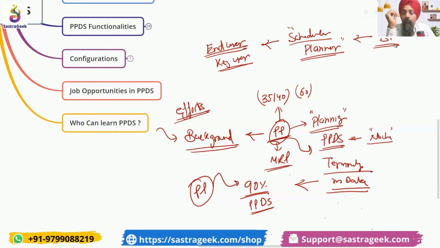With that knowledge, you would be able to equip yourself with PPDS. Those people can straight away jump into PPDS. But if you are a college fresher, I would recommend you go for PP first and then PPDS.